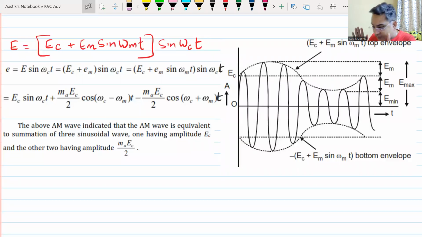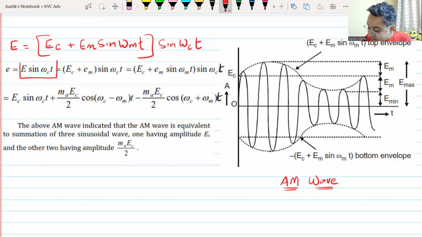Moving ahead, I'm again showing you this final diagram of the amplitude modulated wave, and now I have shown it in a bigger way so that you all understand this. Remember we started by writing it like this: E, the AM wave, is equal to E sine omega c into t.